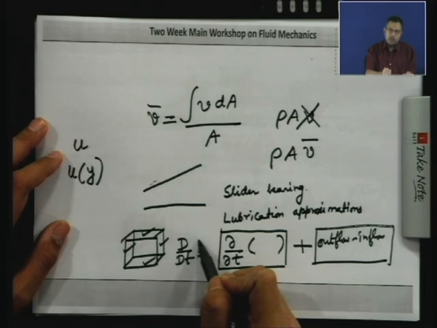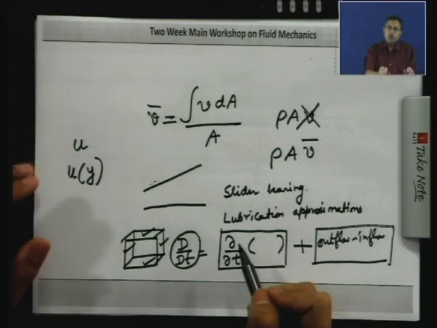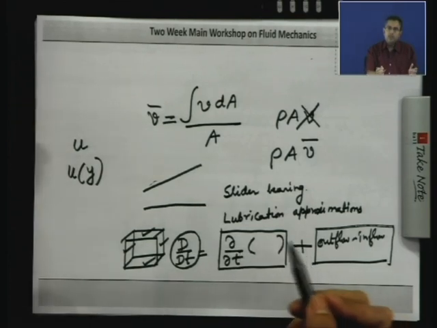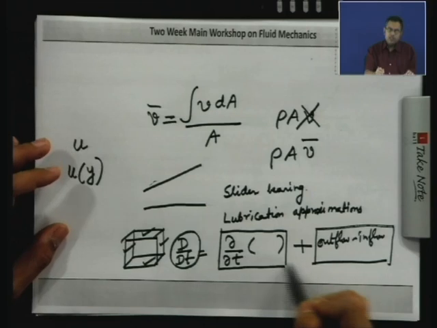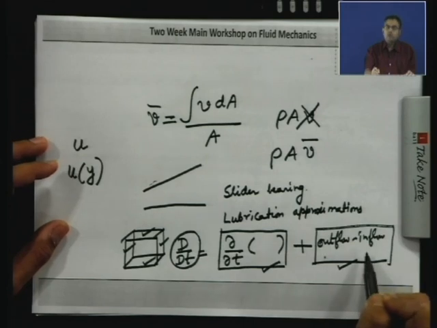So the rate of change across the system of identified mass, which is a fluid element or which you are considering as a particle or system or whatever, is the sum total of two things. One is the change within the control volume due to change in time plus outflow minus inflow.